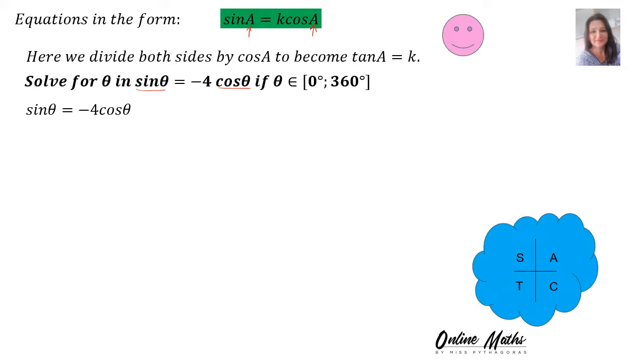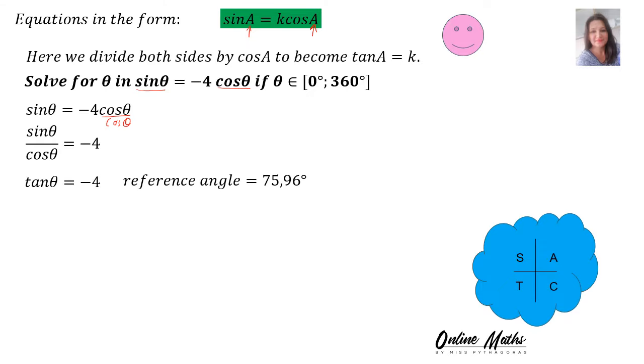Then we can divide both sides by cos theta, and then it becomes sin theta over cos theta is negative 4, and sin over cos is tan theta is negative 4. The next thing we do, we work out the reference angle.